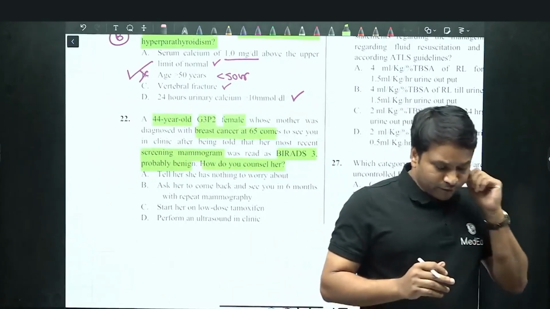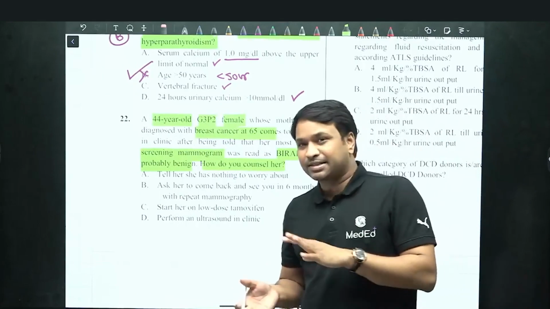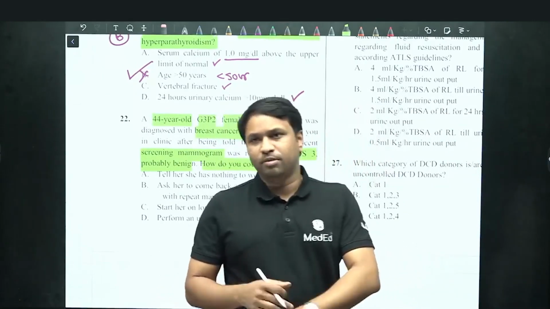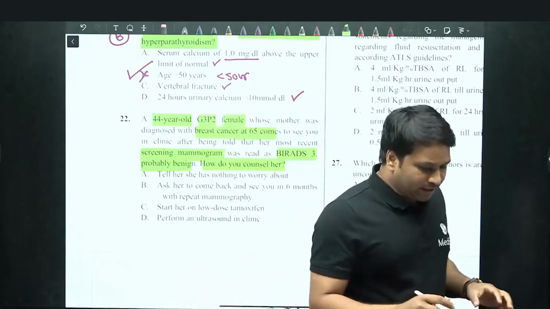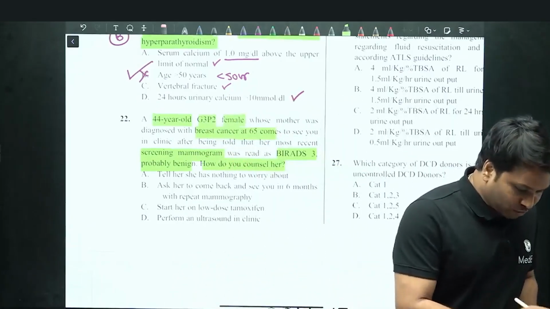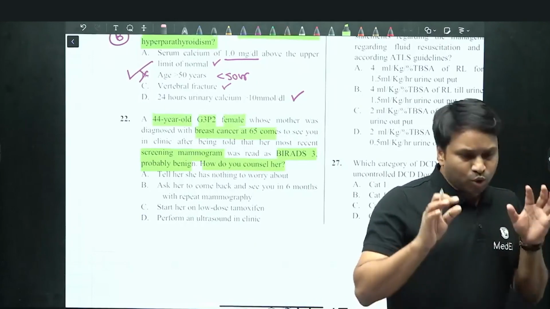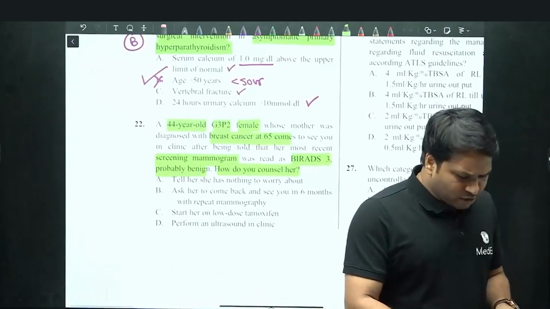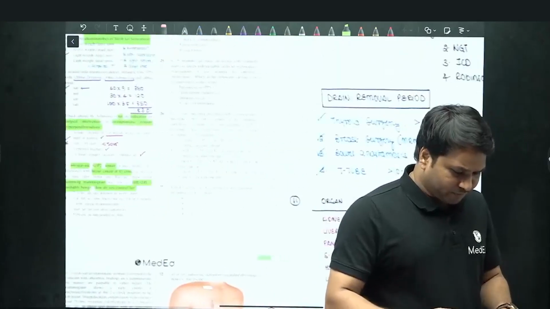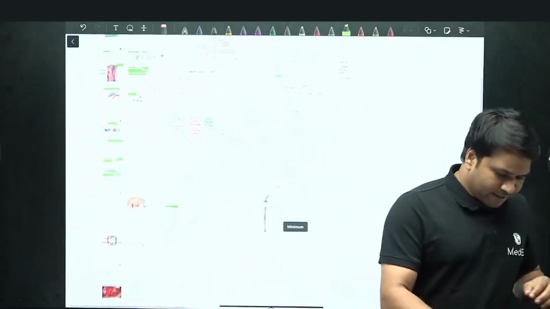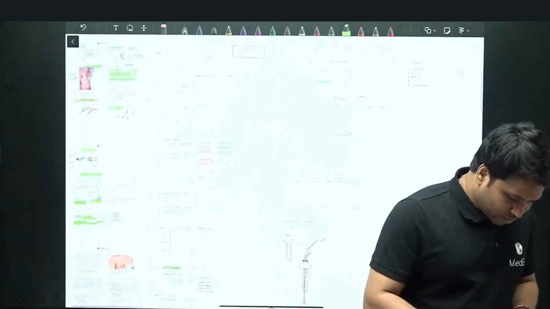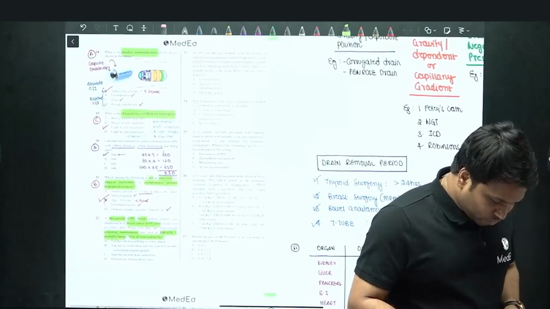But when you look at the BIRADS 3, he's asking, according to BIRADS, what will you do? If there's a BIRADS 3 which is probably benign, you have to tell the patient there's nothing much to worry about. You need to put her on follow-up. So rather than having all these assumptions, let's talk about BIRADS first. So talk about the BIRADS assessment. So that's question number 22.